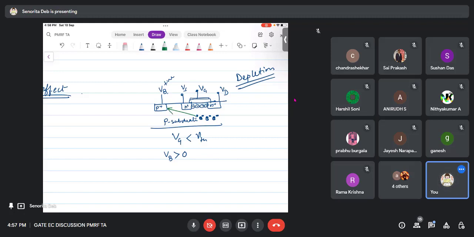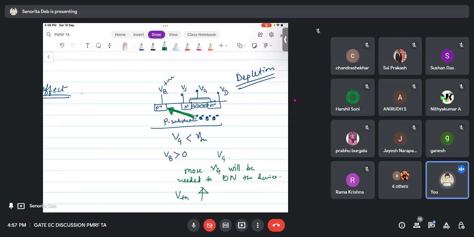And now with this positive Vb, if I try to put a gate voltage to bring it to the inversion region, I will have to do more work. That means more Vg will be needed to turn on the device. And therefore, we can say that the threshold voltage has increased. So that is how Vb leads to an increased threshold voltage.